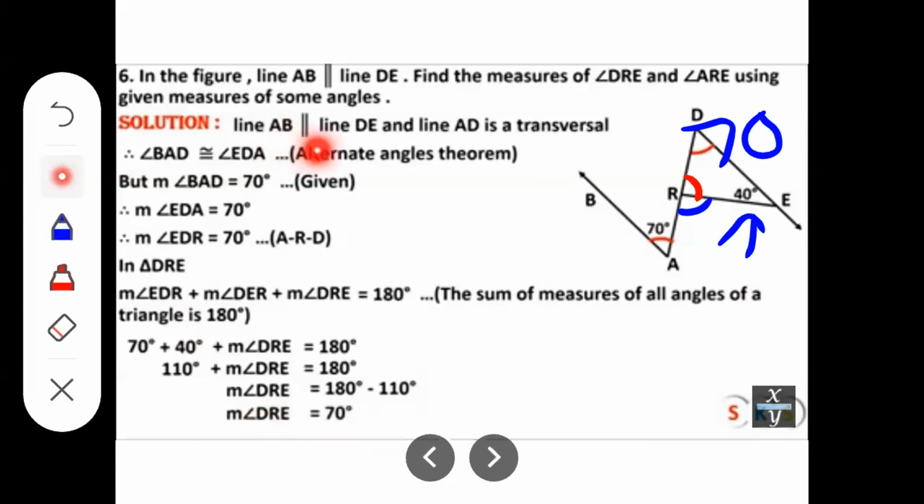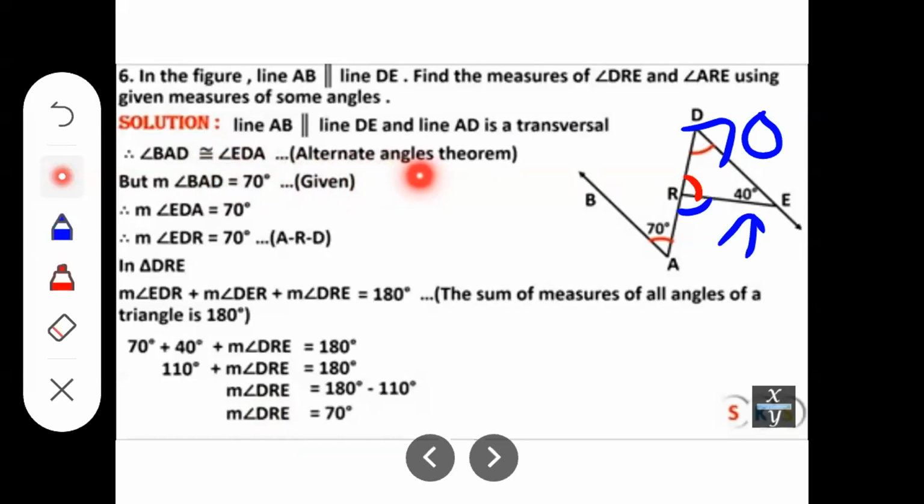Line AB parallel line DE and AD is a transversal. So those two angles, that angle A and angle D, I already explained using figure. So just write the steps only. Here those two angles are alternate angles. Those are congruent to each other.